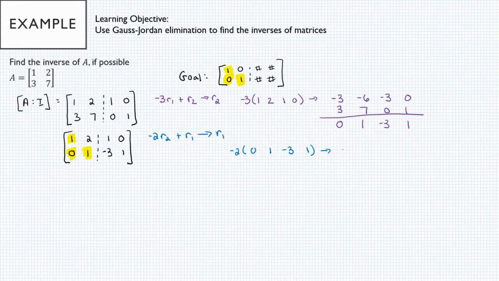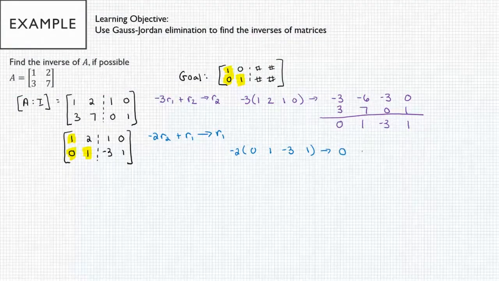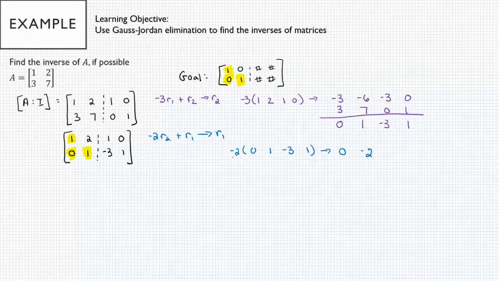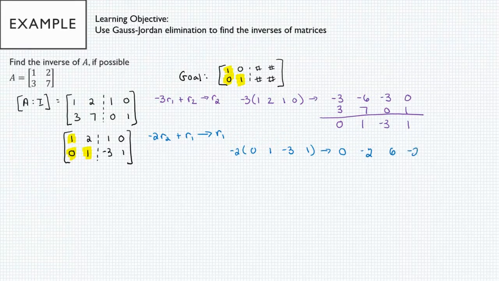So when I multiply that by 0, I have 0. Oh, I said I multiplied by 0. I'm multiplying by -2. -2 times 0 is 0. -2 times 1, I got a -2. -2 times -3, I got a 6. And then a -2.